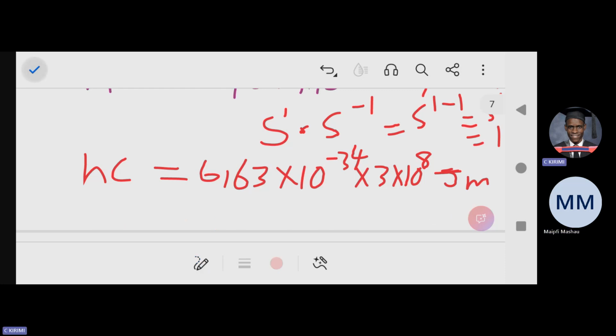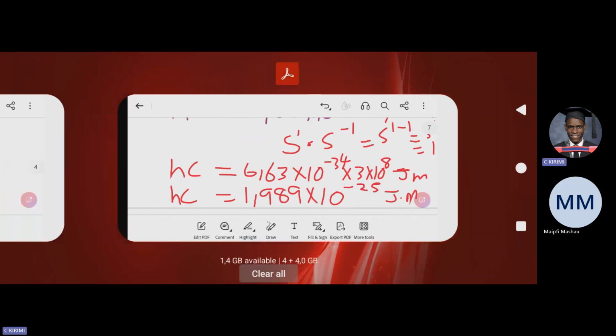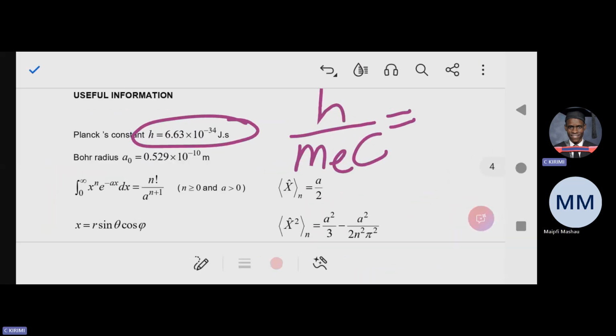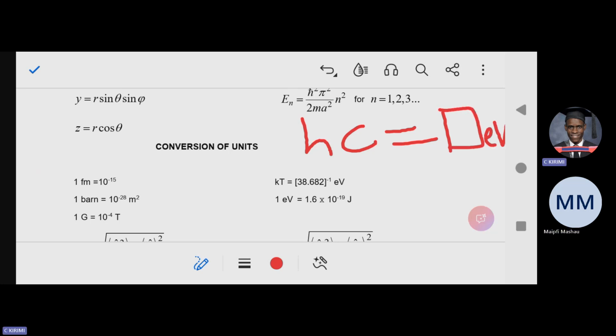So you want to find hc in electron volts. You go to your information sheet, which gives the conversion. Sometimes, if they want to make it easy, they give you the value of hc in electron volts. But here they split it up, which means you have to calculate it yourself.